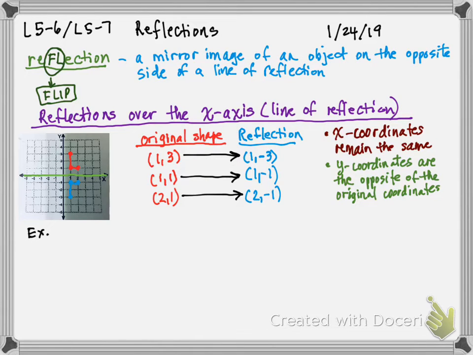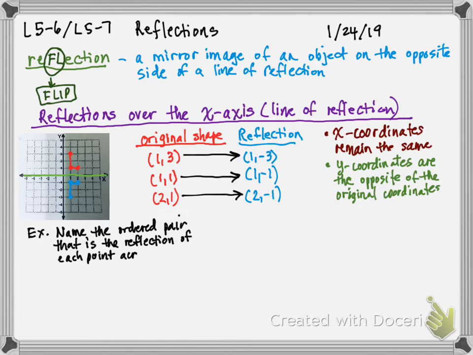It's going to name the ordered pair that is the reflection of each point across the x-axis. So again, these directions I'm giving you are worded just the same way that the book is, at the same way that it's going to be in our test.